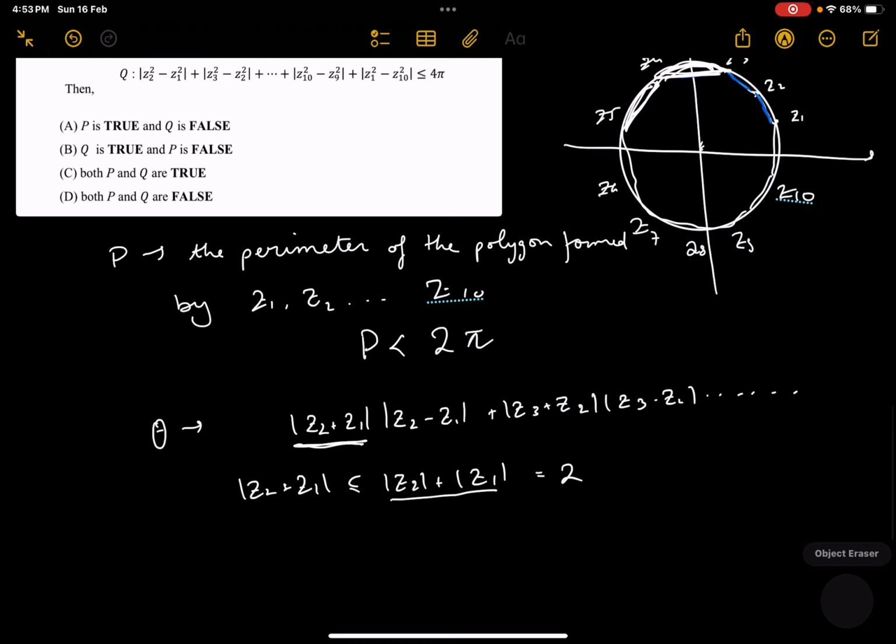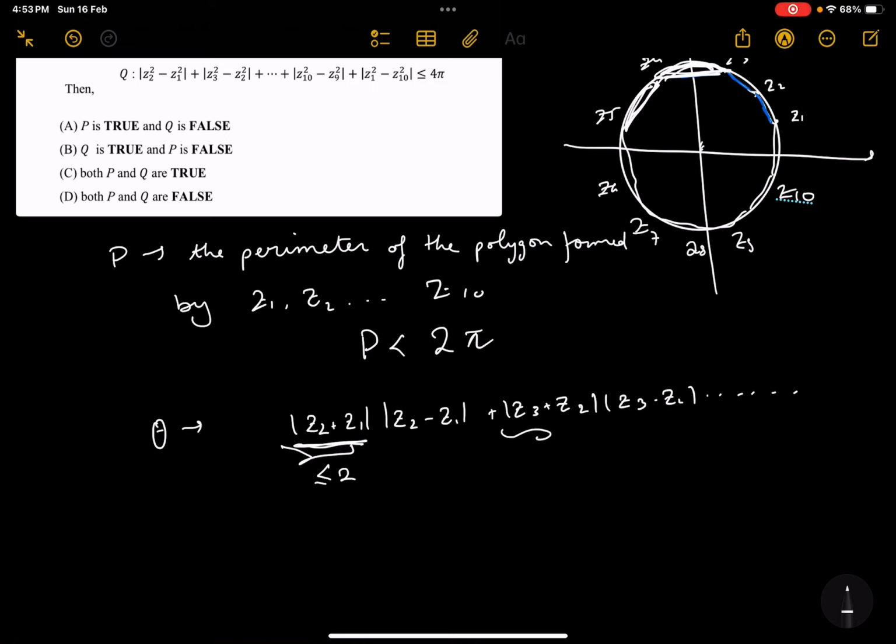So what we have is, this thing is less than or equal to 2, this thing is less than or equal to 2, and we can say that for each of the terms.